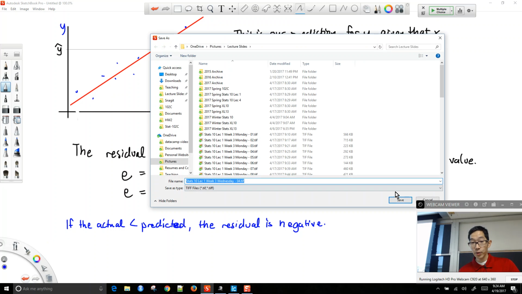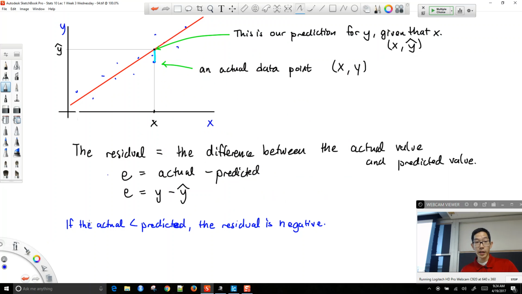Okay, and so every single data point has a residual. Now, if the data point is directly on the line, the residual is 0, but every data point still has a residual. So we come along and say, here's this data point, and here's its residual.